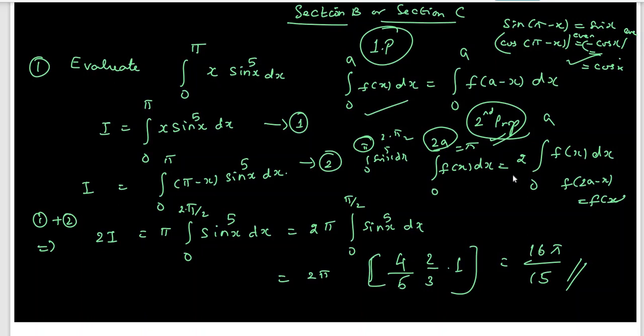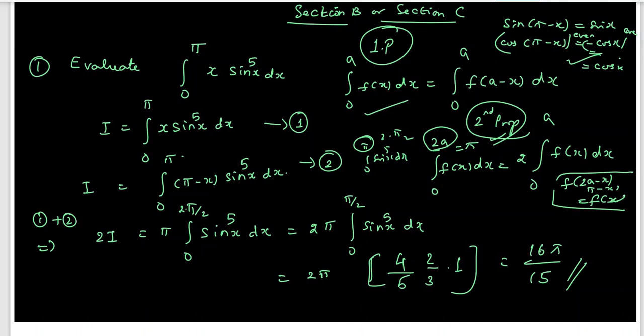We have seen this property already: f of 2a minus x means, in this case, f of pi minus x. So you have sin^5 x dx. When you replace x by pi minus x, it is retained, so we can make use of this.